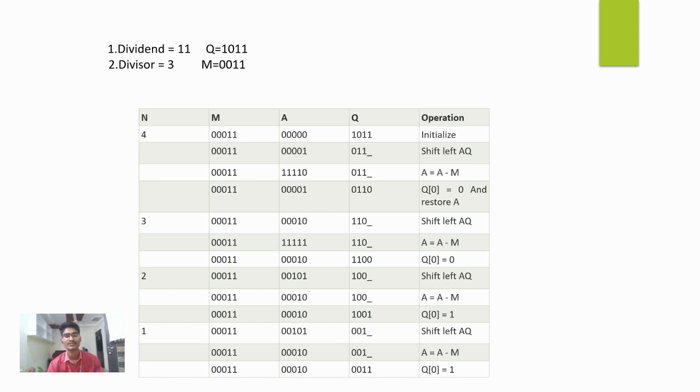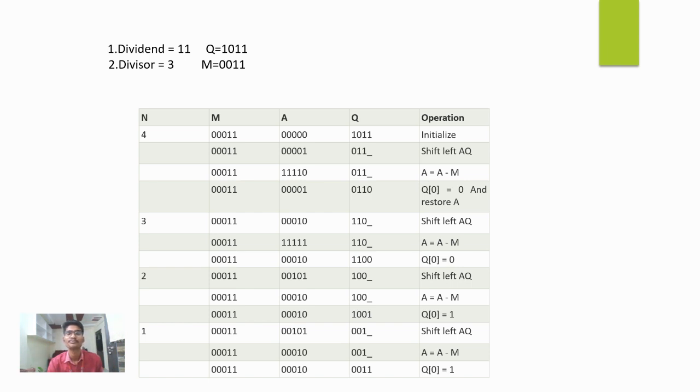After the left shift, we are going to perform A is equal to A minus M, which means that A is equal to A plus 2's complement of M. We find the 2's complement of M and add it to A, and then the value of A will become 11110, and the value of Q will be 011 and a dash, which is an empty vacant place.